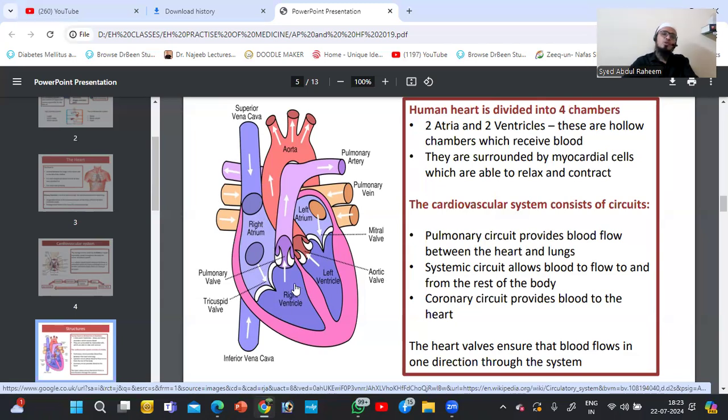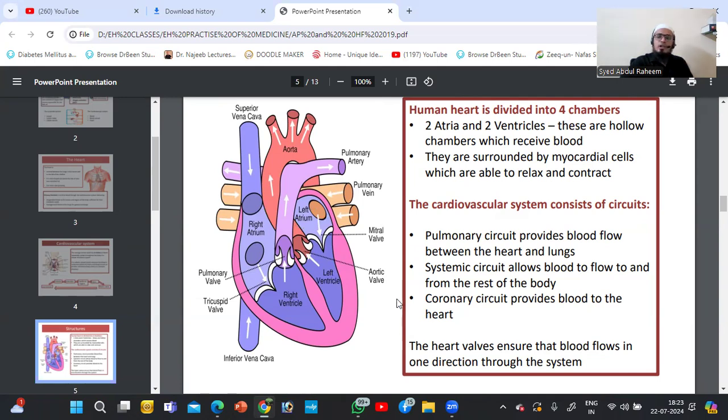After that, it goes into the right ventricle, then through the pulmonary artery to the lung, where it becomes oxygenated blood and comes again through the pulmonary vein into the left atrium, then the left ventricle, and from the left ventricle to the aorta, and then to all the body parts.